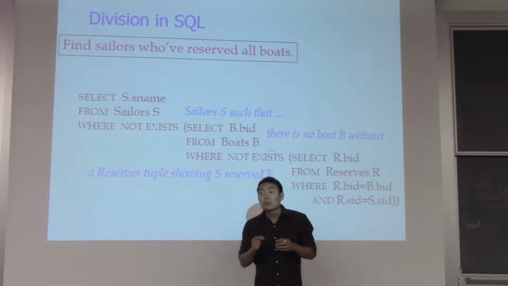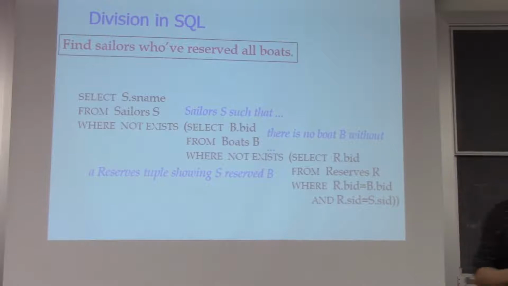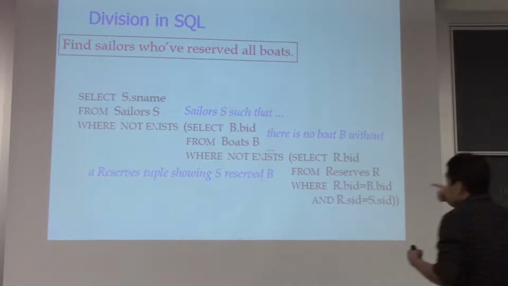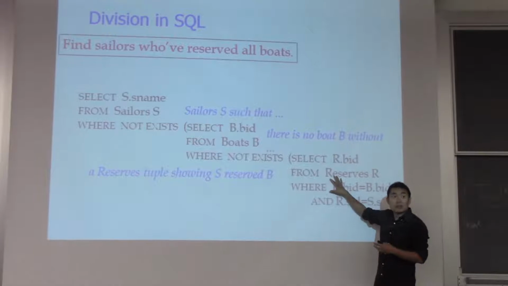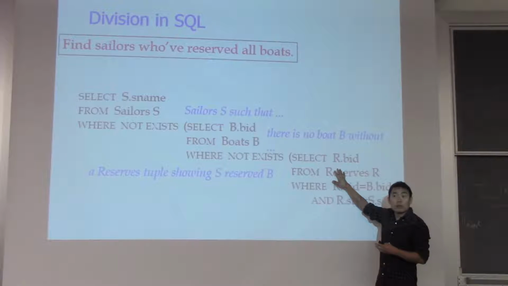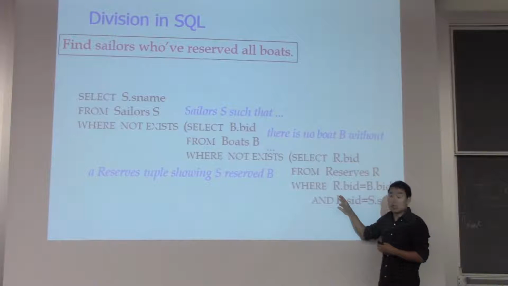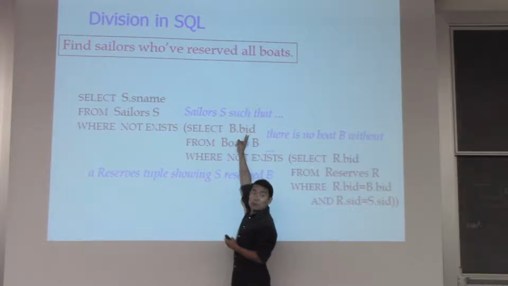You follow me? NOT EXISTS will be true if this is an empty set, meaning there is no reservation record for the current sailor on the current boat, which means I will return the current boat.